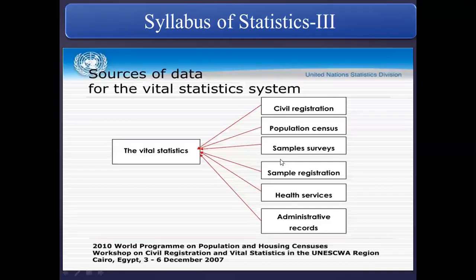So after that, this is a very good diagram to understand chapter number 3. Now see, vital statistics is nothing but a demographic method.